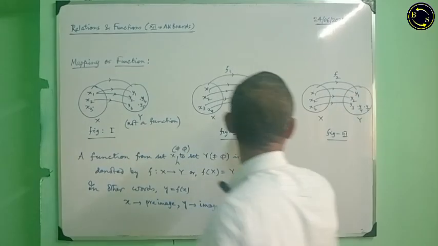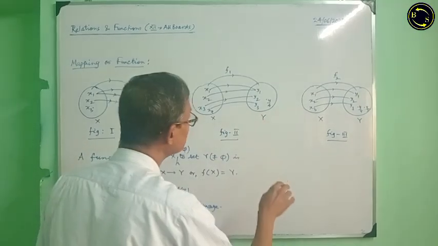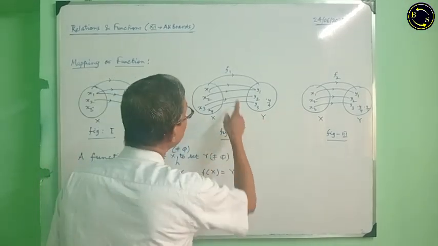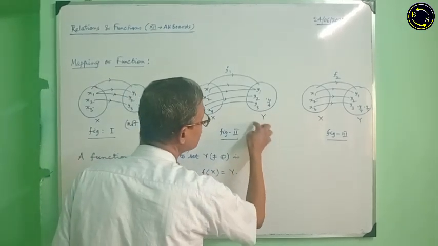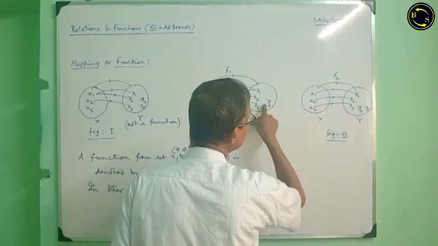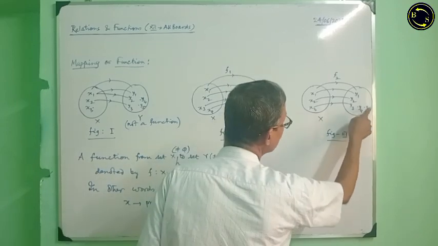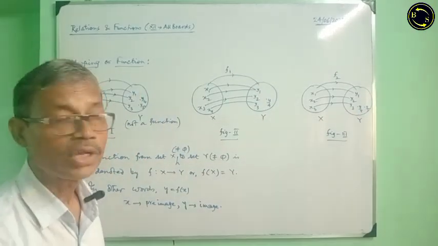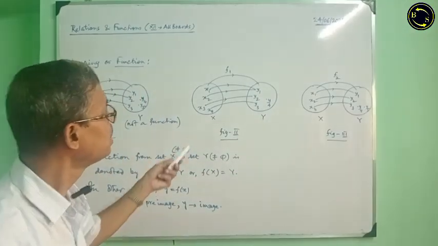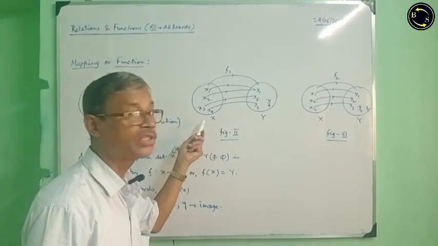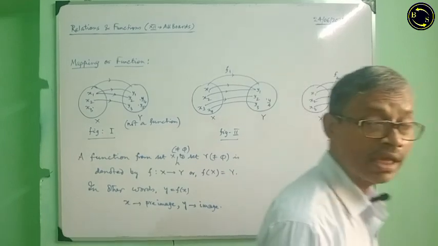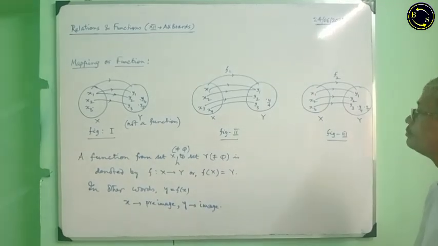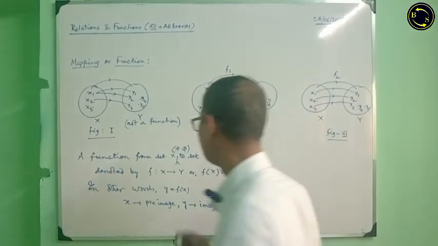And also another observation is that in f1, f2 both cases, members of the set Y, in this case y4 and in this case y4, y5, are not associated with any member of set X. In that case, we say into mapping.